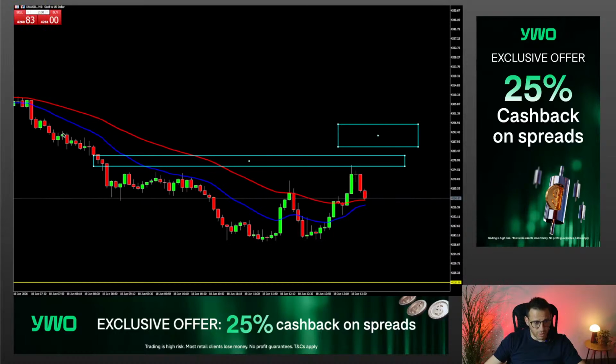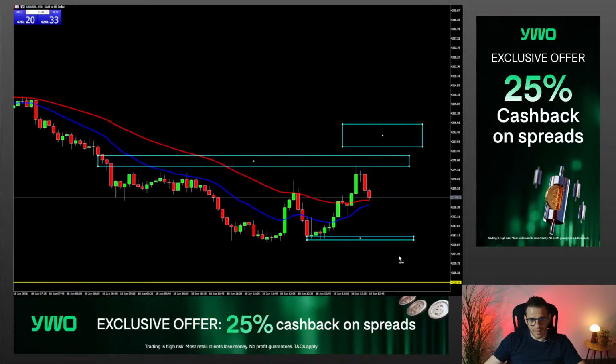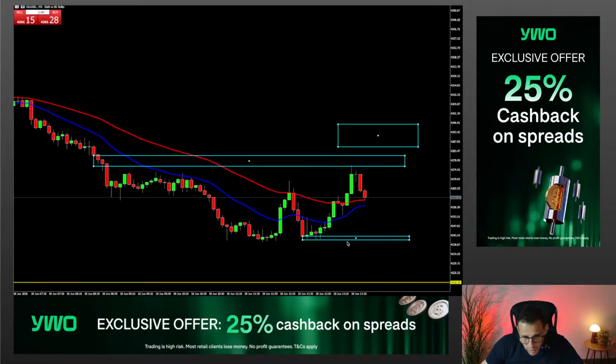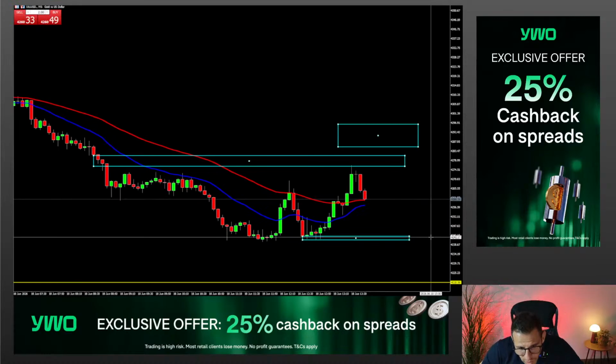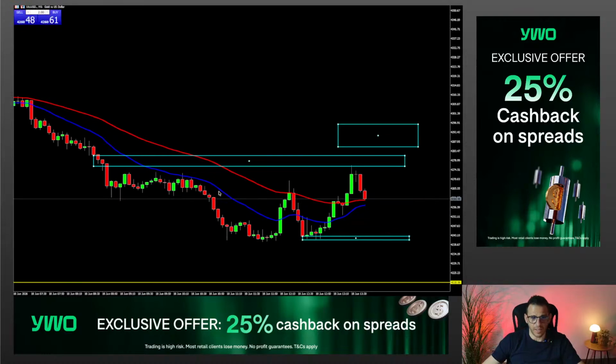For this reason, I will definitely sell the breakout here around 42, 42, 42, 40, something like this. Let's write it here.